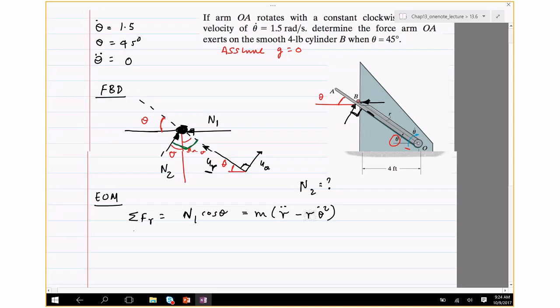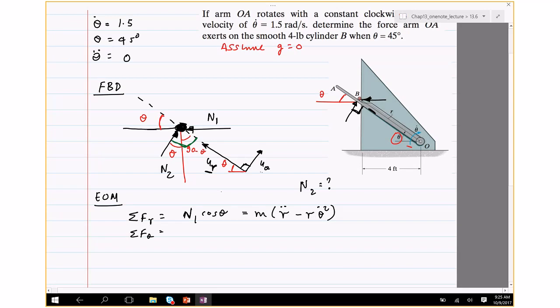Then I need to do F theta, so all forces in the theta direction. So now I have N2, which is acting only in the theta direction, and then I need to resolve N1 in the theta direction. So that's going to be N1 sine theta. So this is N1. I have to resolve it this way and this way. This component I already wrote as cosine theta.